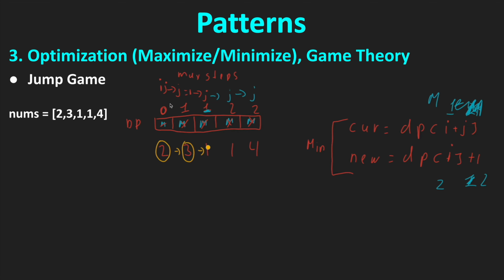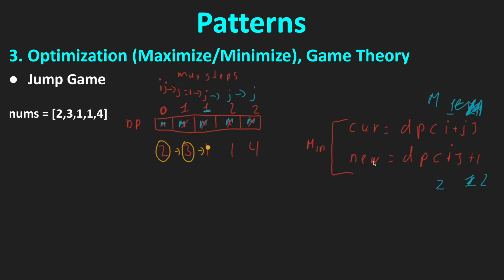Now let's move our i pointer, because we can move 2 steps. For the next step, we take the dp current value, dp[i + j], whatever the current value is here, which is the maximum at this point.